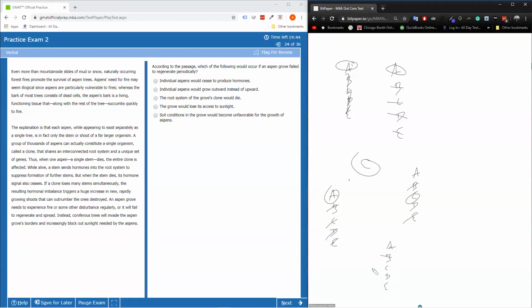The root system of a aspen clone would die. Clone would die, yes. D.